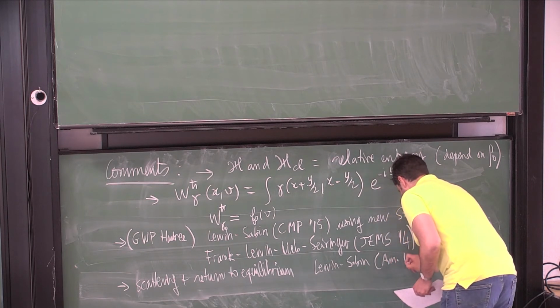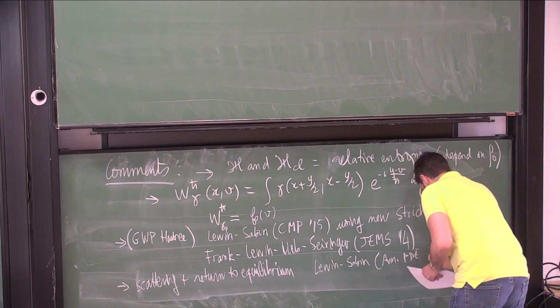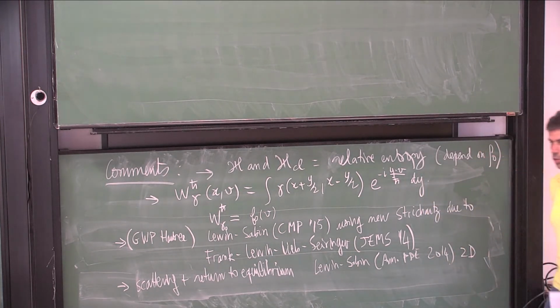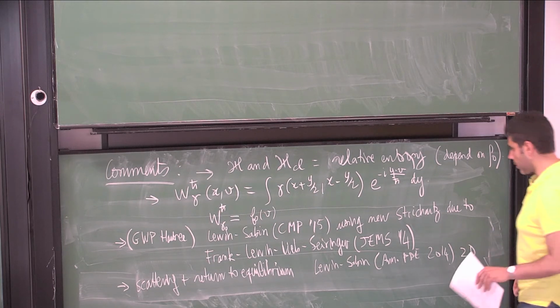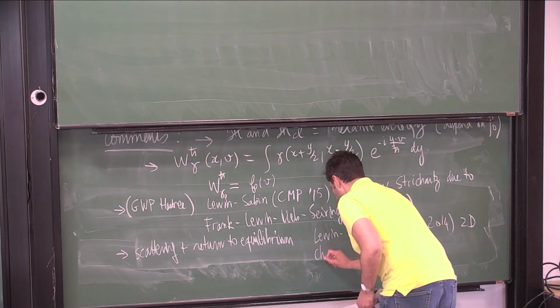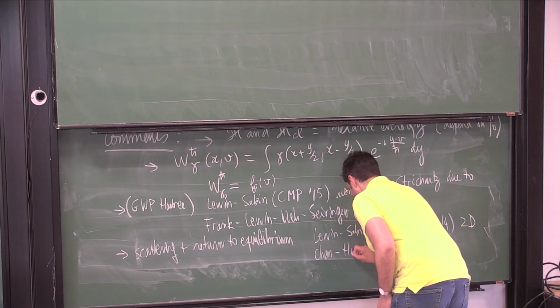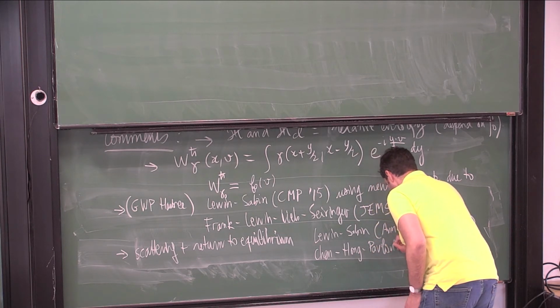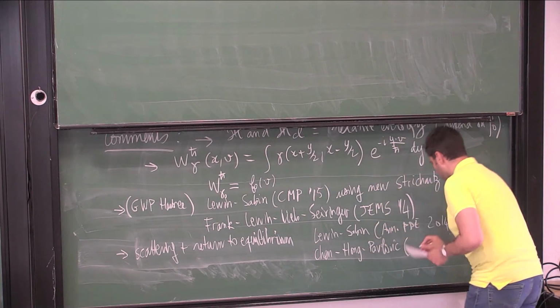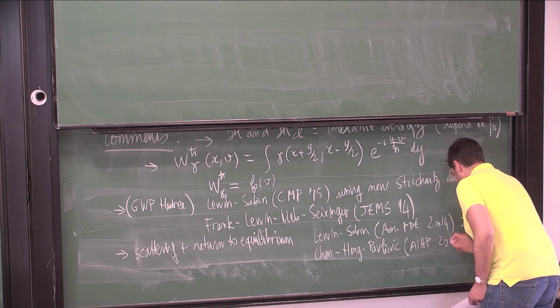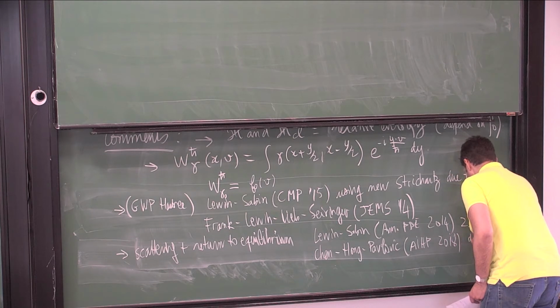in 2014, but we could only do 2 dimensions because we used some special Strichartz estimates. And then it was finally solved by Thomas Chen in 2018 in all dimensions.